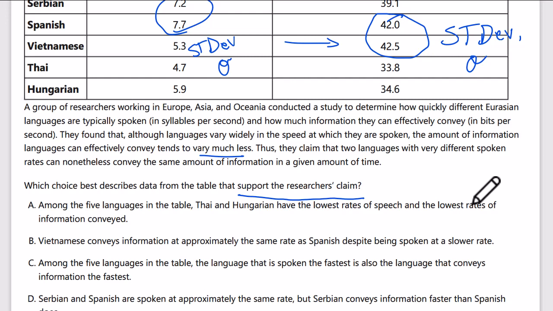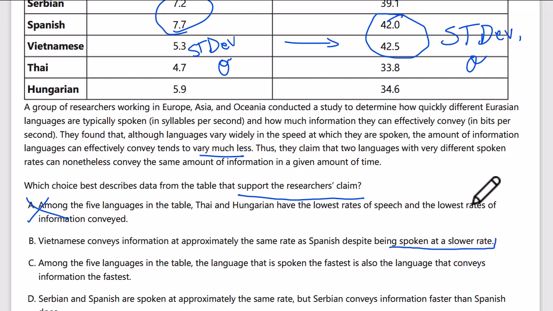Among the 5 languages in the table, Thai and Hungarian have the lowest rates of speech and the lowest rates of information conveyed. Okay, that just says they're the same ratios. So that doesn't show a difference of variance between the two columns. Okay, Vietnamese conveys information at approximately the same rate as Spanish, despite being spoken at a slower rate.